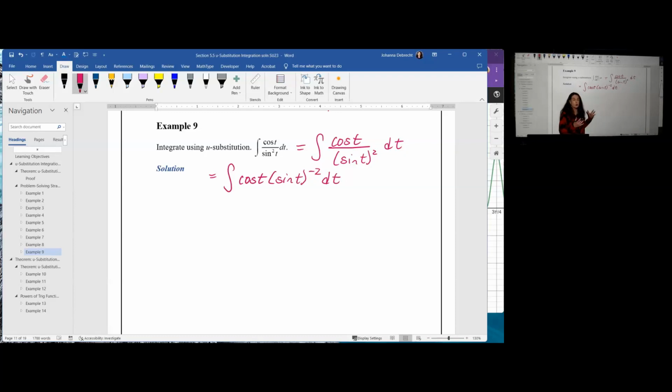Now we can see more clearly that the inside function must be sine of t, and the outside function is t to the negative 2. The derivative of the inside is cosine of t, which does appear as a factor. Now that I've gotten it started for you, pause the video, work it out, then turn the video back on so we can check your answer.